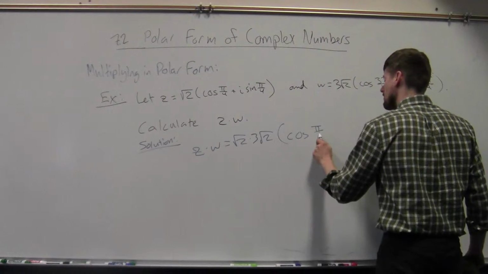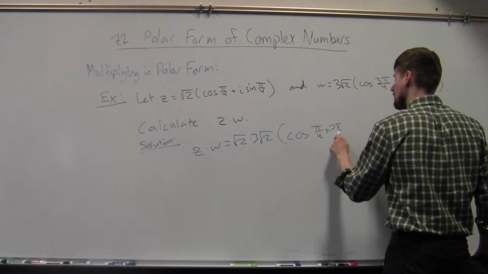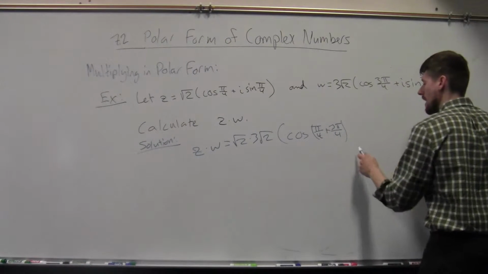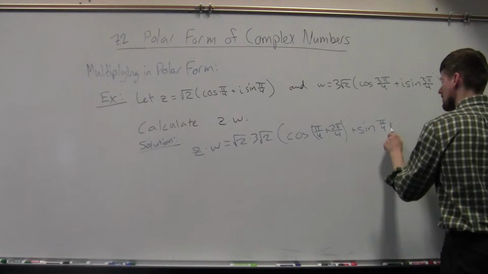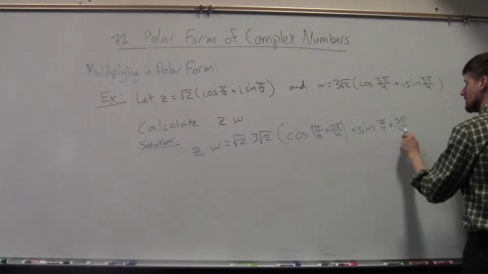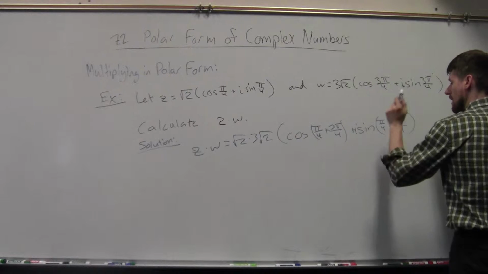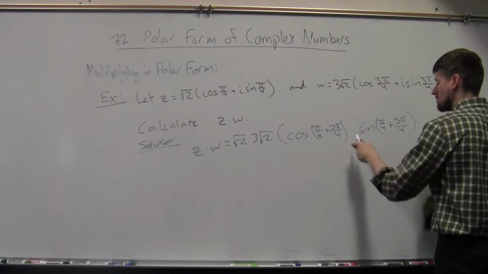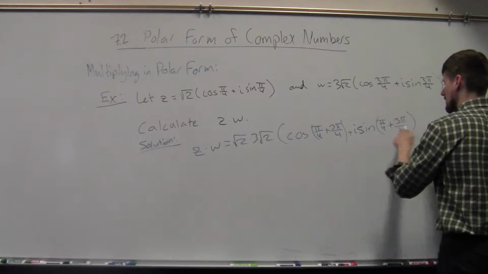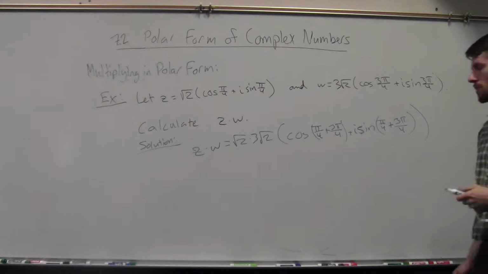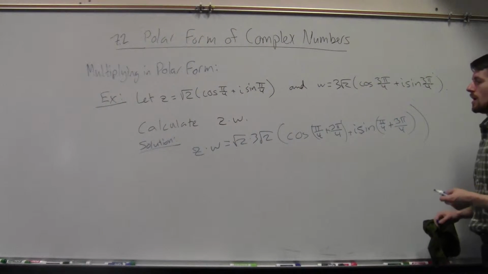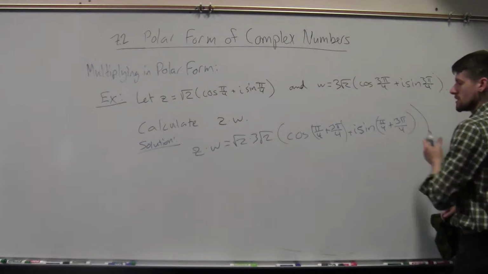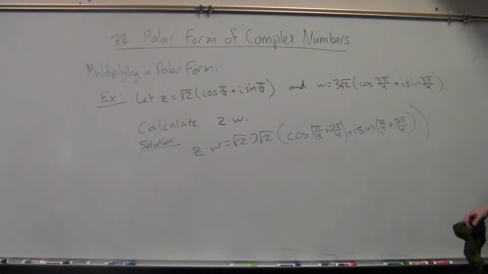And what we do with their angles is we add the angles. So we've got cosine of pi over 4 plus 3 pi over 4, and plus i sine of pi over 4 plus 3 pi over 4. Okay, so we're going to multiply our distances, root 2 and 3 root 2, and then add the angles together, pi over 4 plus 3 pi over 4.